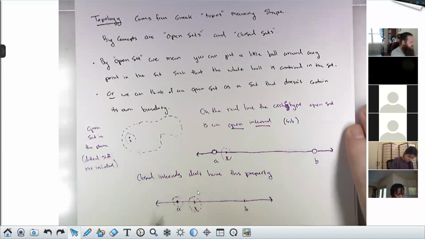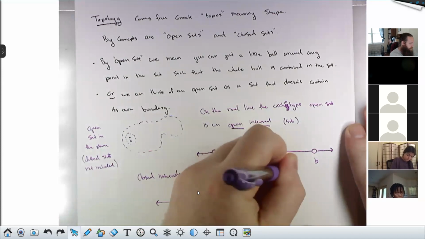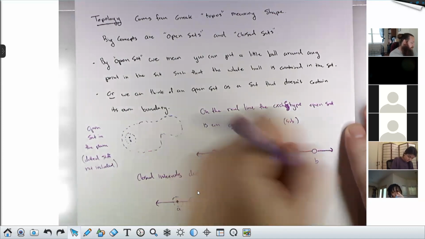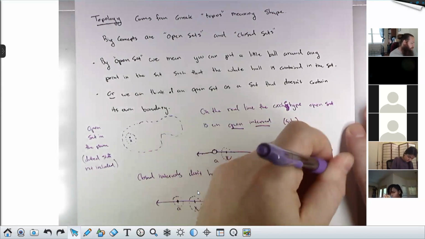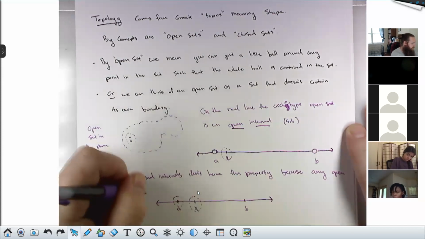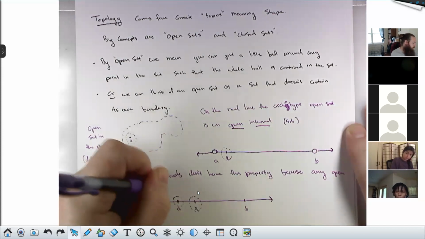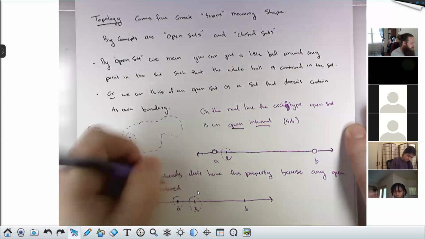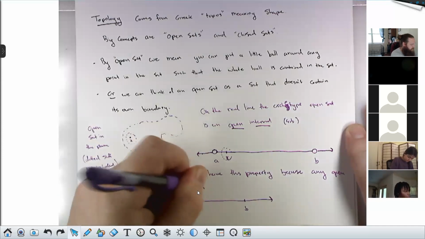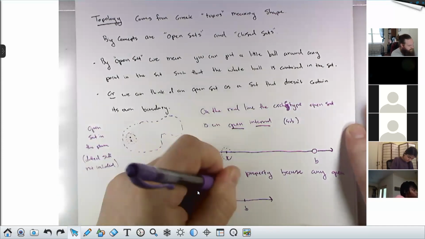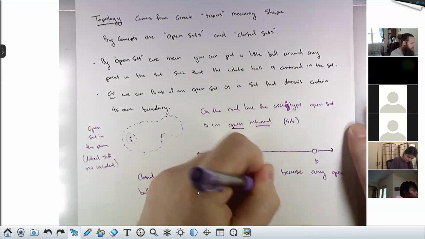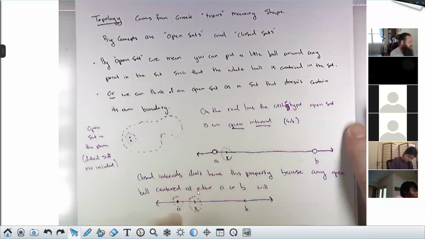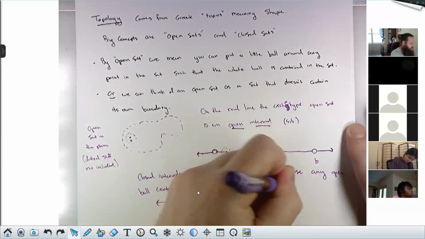Let me just finish the sentence here. Closed sets don't have this property because any open ball centered at either A or B will come outside of the set.